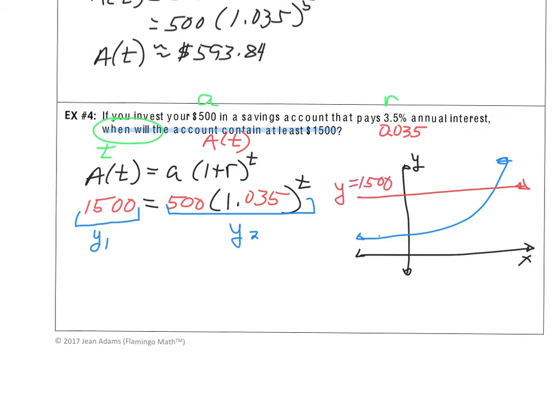What we want to find is this intersection right here. All right, so that intersection is going to be some x value, we don't know what, but the y value is going to be 1,500. So we want to find out at a y value of 1,500, what is our x value, which is our t.